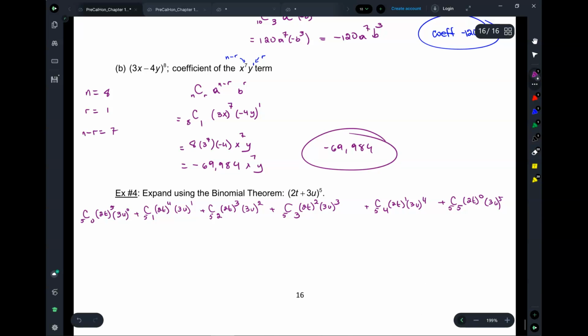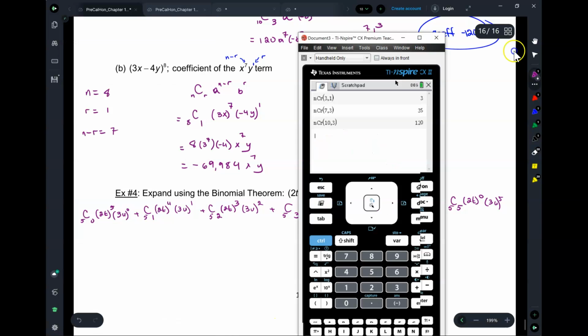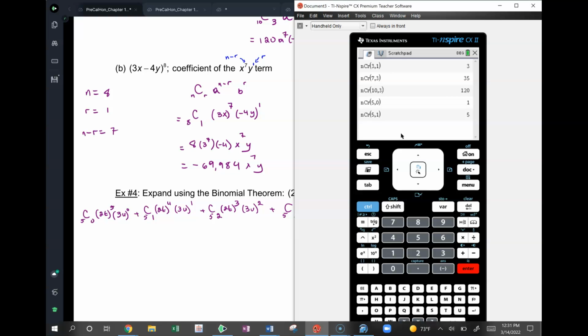These you're going to do with your calculator. Another easy way to do it: once you've done one, you can just press up twice, highlight, enter, and then modify these things. So this is 5, 0, and if I'm going to do it again, especially if it's the same n, I could just change this one number. You see that? Let's stop for a minute.